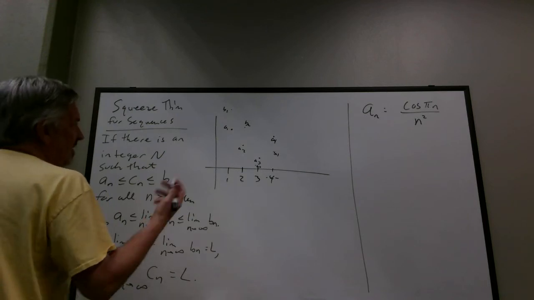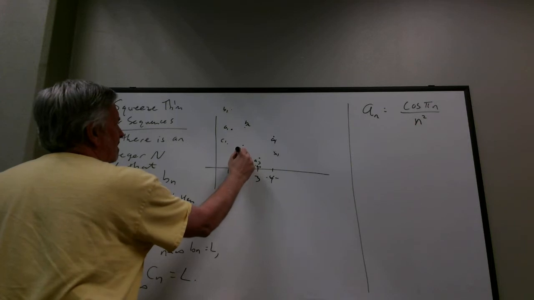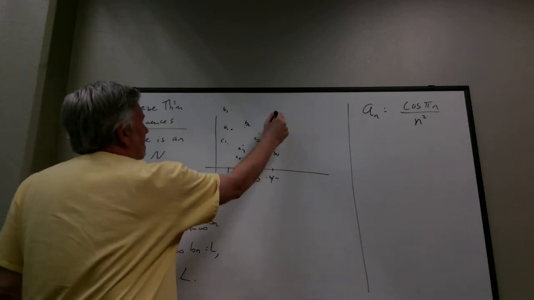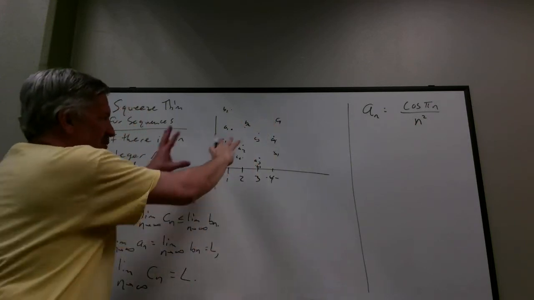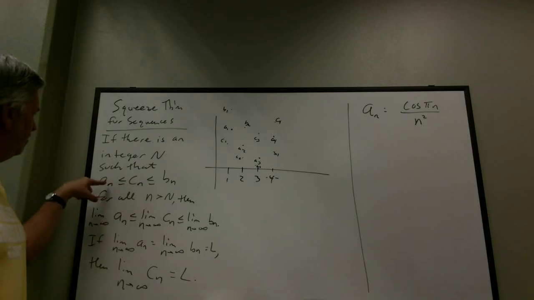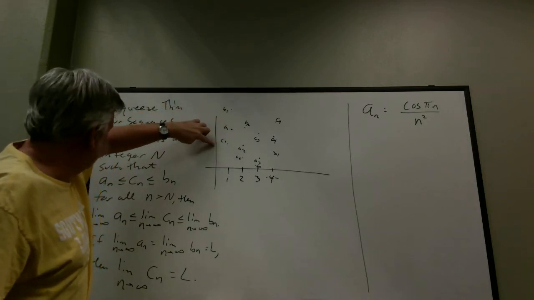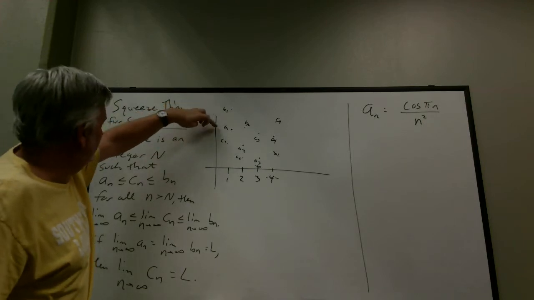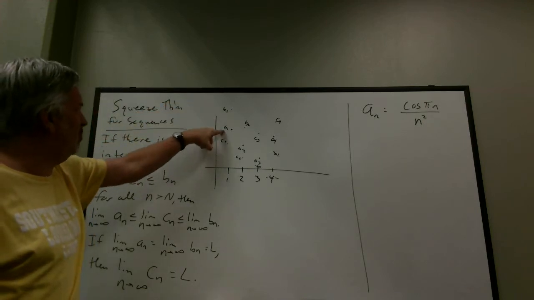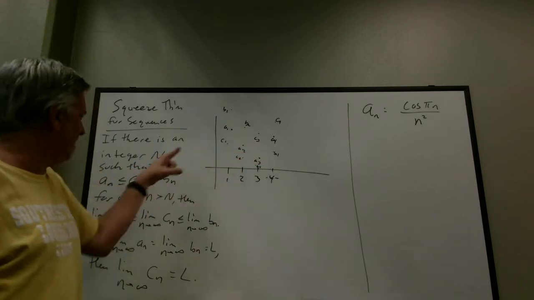And then c is wherever, c1, c2, c3, c4, etc. And you keep going. Notice the way I've drawn this, I don't have that b is bigger than c is bigger than a. For example, b1 is bigger than c1, and b1 is bigger than a1, but c1 is not bigger than a1. It doesn't satisfy this.